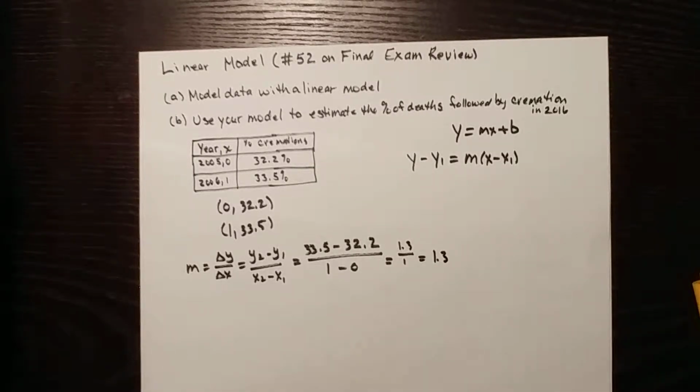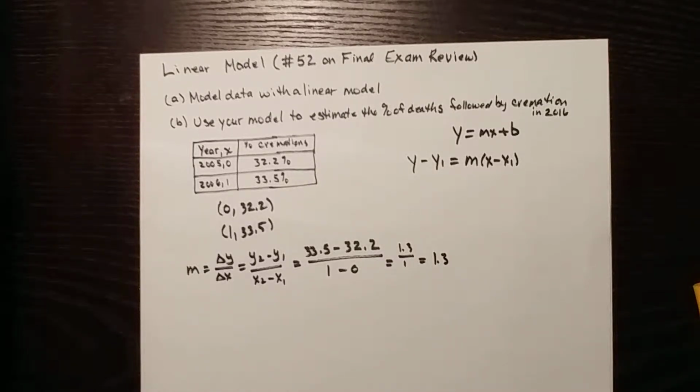And what this slope means is that the rate of deaths followed by cremations is increasing at a rate of 1.3% per year. That's what this slope means, because y is the percent of cremations every year and x is the number of years. All right, so that's our slope.